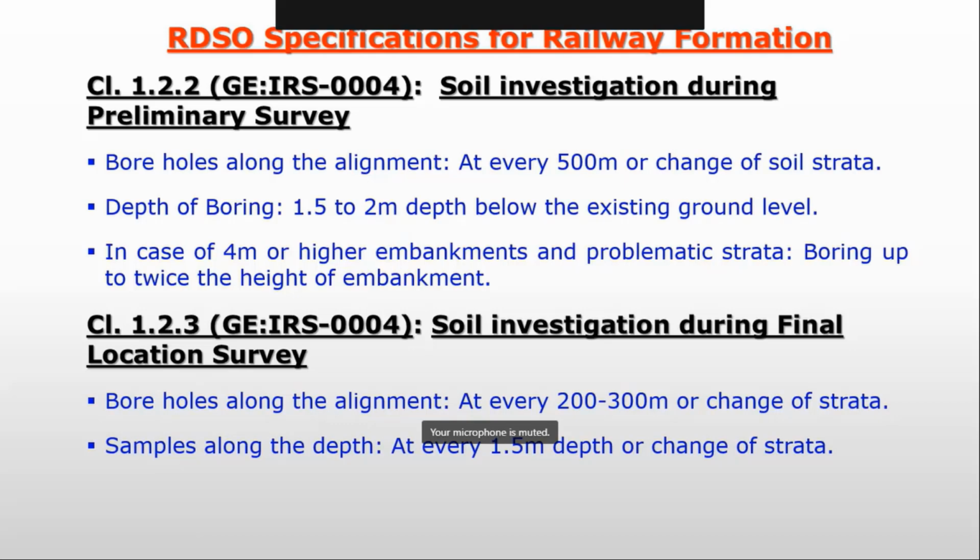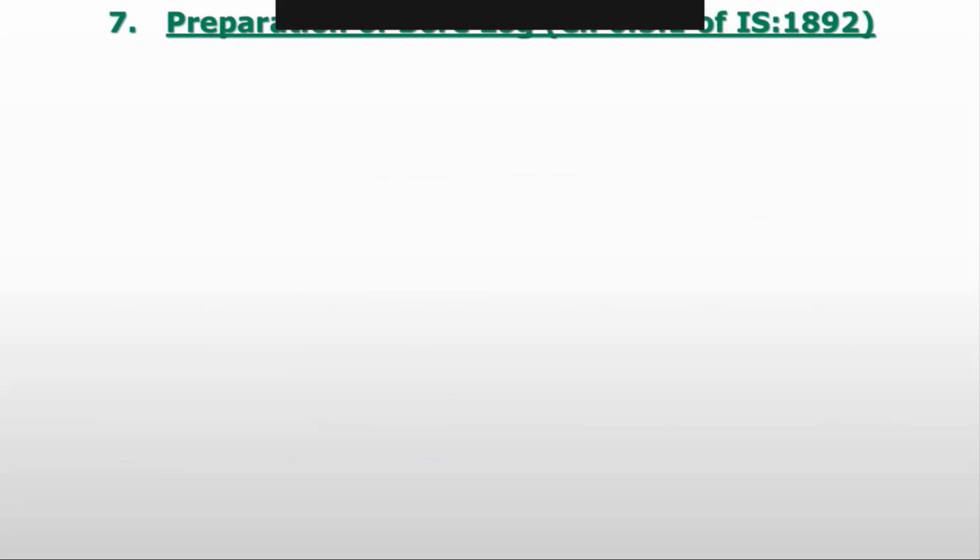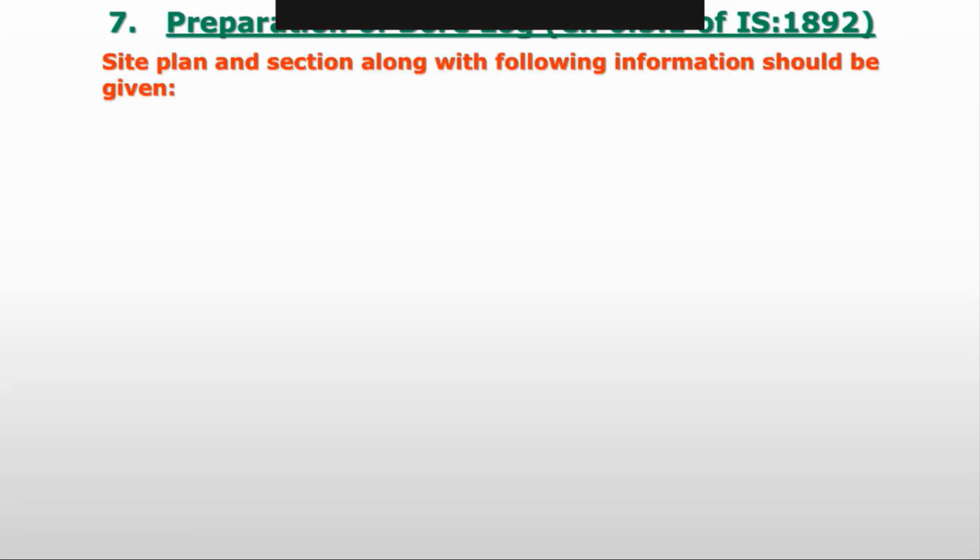When a bore log is made by your agency, the items they are supposed to write on your bore log and the details they give you have been mentioned in IS 1892, which is applicable for us also.